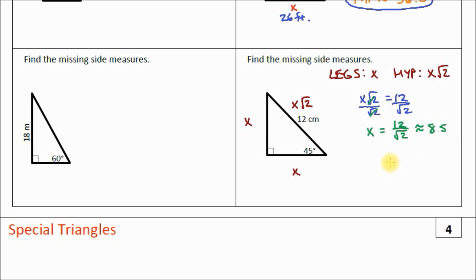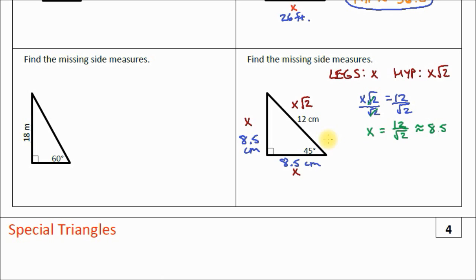That means we know, class, that the sides of this 45, 45, 90 triangle are approximately 8.5 centimeters. Let's go ahead and write those in. So this is going to be 8.5 centimeters. And of course this side is also 8.5 centimeters because in an isosceles triangle, the legs are the exact same length.